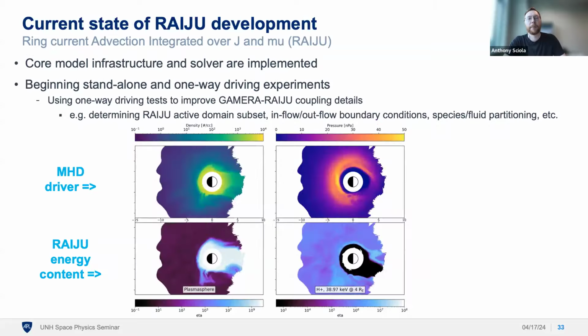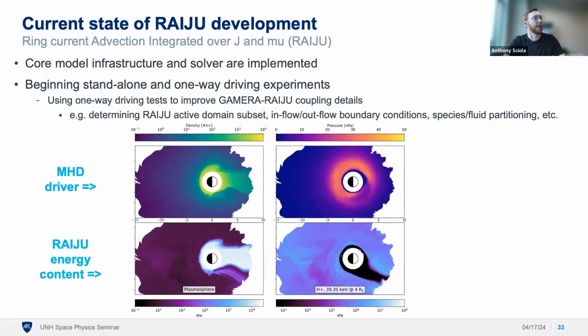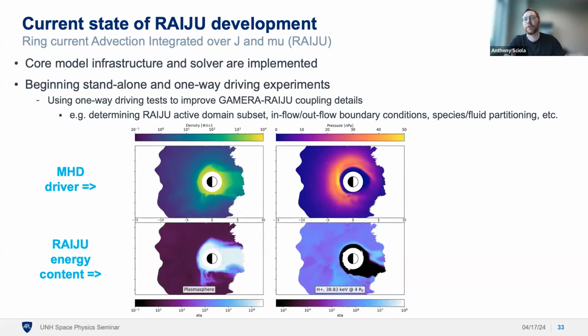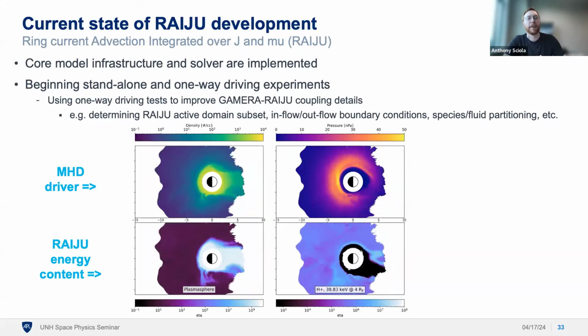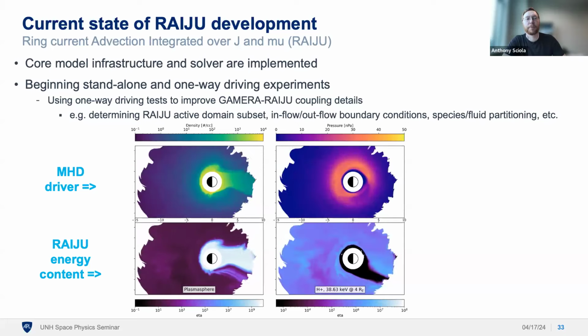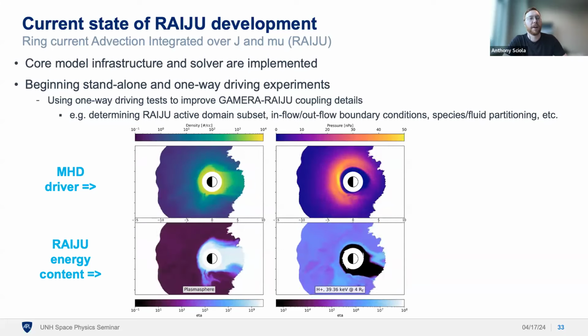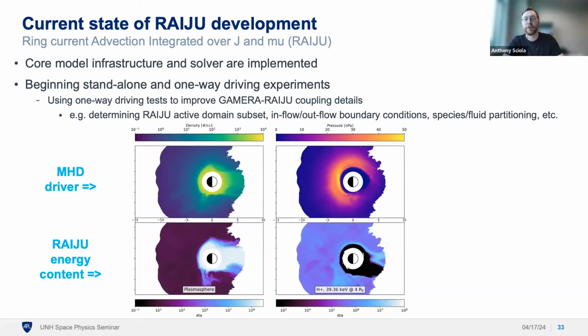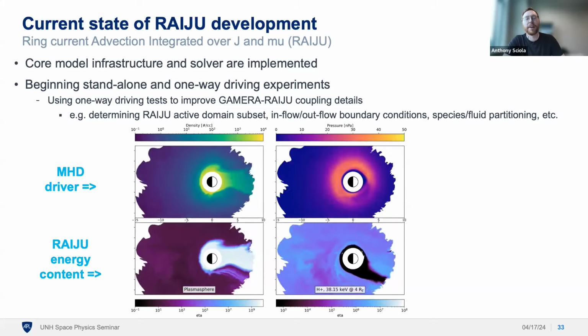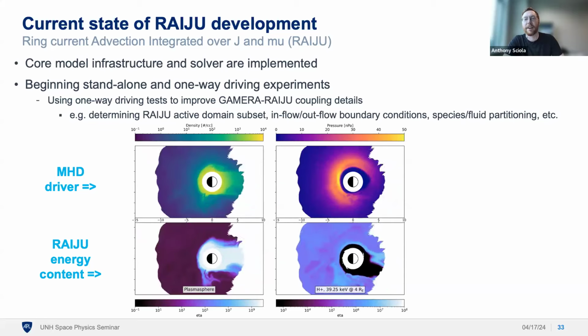So just a really quick look at the state of RIJU development, just to show this is not just proof of concept, but we're making some progress on this. We're currently at the stage where we're doing some standalone one-way driving experiments. Right now, we are just testing out the information transfer between the models, and there are still some physical constraints to add onto the system.